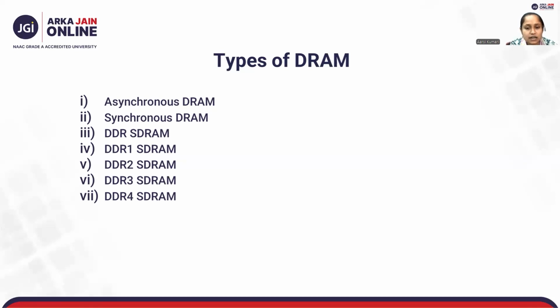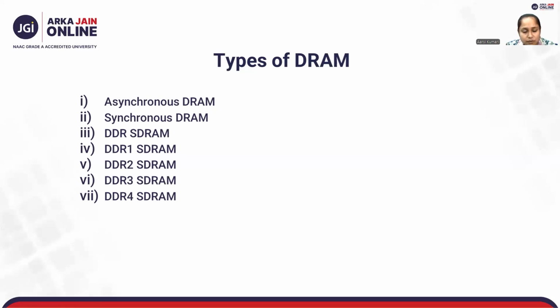Types of DDR SDRAMs: DDR1 SDRAM. DDR1 SDRAM is the first advanced version of SDRAM. In this RAM, the voltage was reduced from 3.3 volt to 2.5 volt. The data is transferred during both the rising as well as the falling edge of the clock cycle. So, in each clock cycle, instead of 1 bit, 2 bits are being prefetched, which is commonly known as 2-bit prefetch.